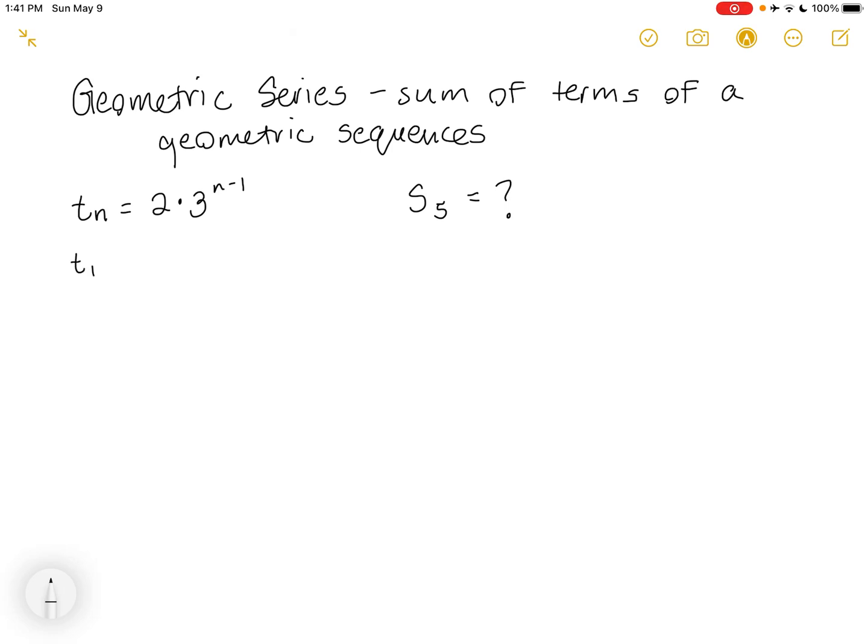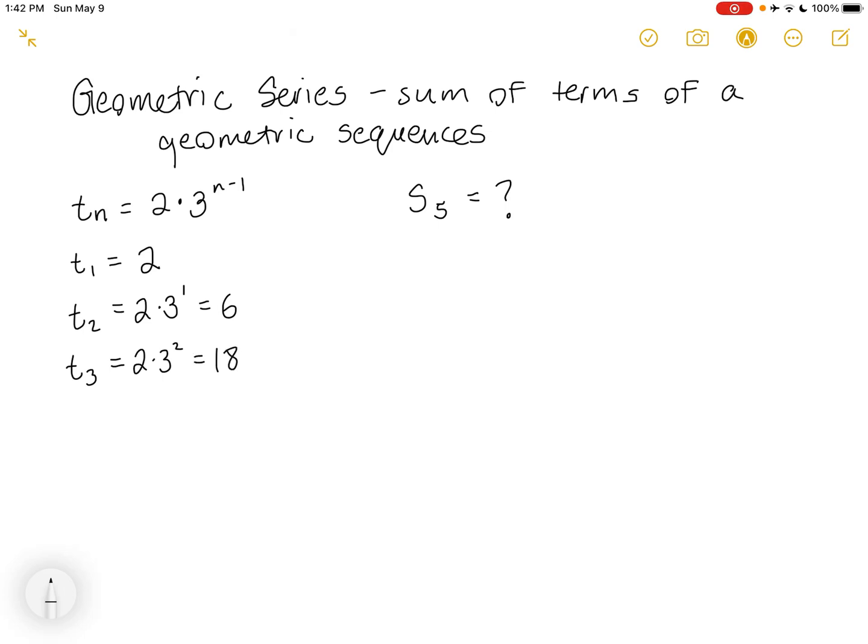T1 is 2 times 3 to the 0, which is just 2. T2 is 2 times 3 to the 1, which is 6. T3 is 2 times 3 squared, so that's 9 times 2 is 18.